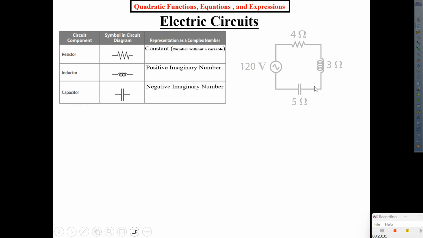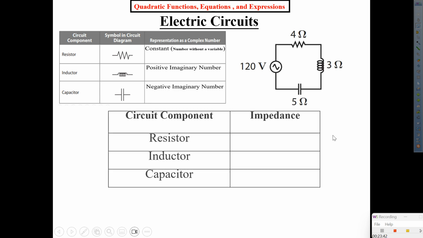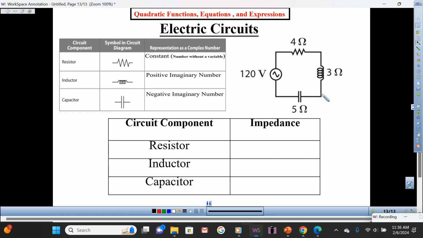we can translate this into actual values, math values. So watch. What do I do first? Well, first, I would copy the circuit. Second, I will label it. Look at it. Tell your neighbor which one's the resistor, which one's the inductor, and which one is the capacitor.